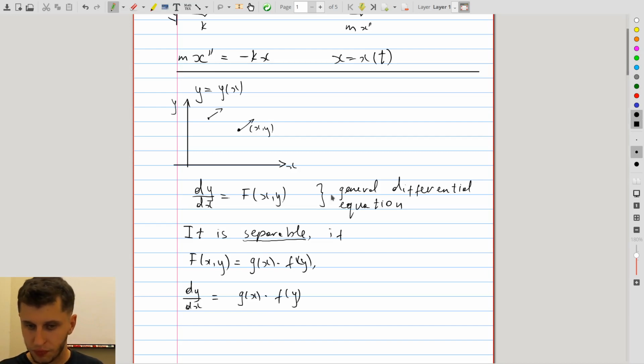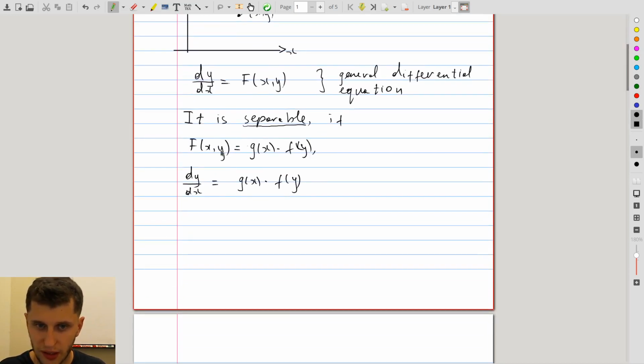So now, assuming that f of y is non-zero, we want to think of this as g of x divided by h of y. In other words, we are setting h of y to be 1 over f of y.